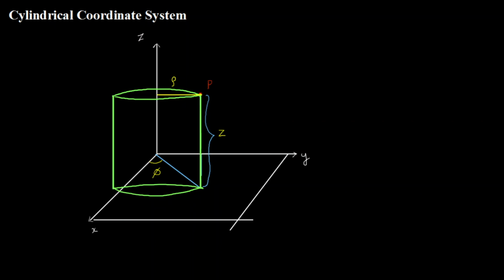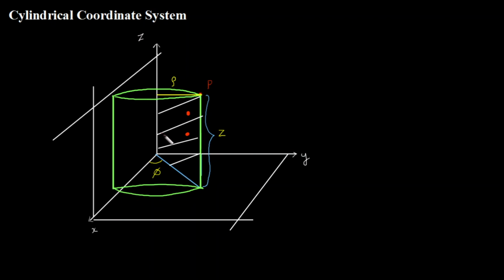To make it more clear, consider this as the half plane. Phi is the angle made by the xz plane with this half plane. Hope that is very clear. Keeping that in mind, this point P can be anywhere on the surface of the cylinder, something like this. It can be here, it can be here.